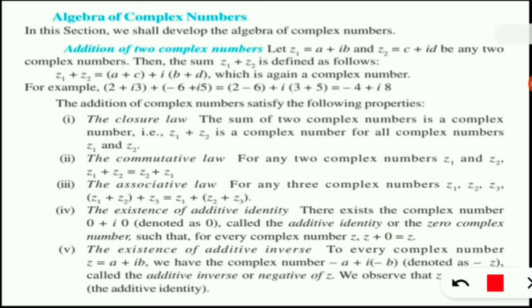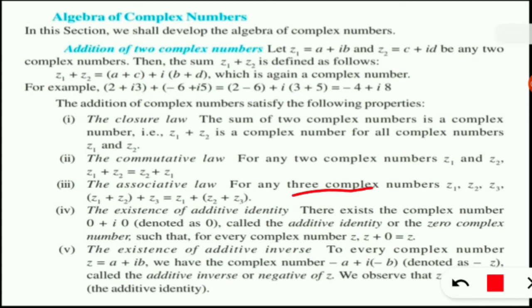Okay, so this property is named the commutative property. Next one is the associative property or associative law. For any three complex numbers z1, z2 and z3, (z1 plus z2) plus z3 equals z1 plus (z2 plus z3).